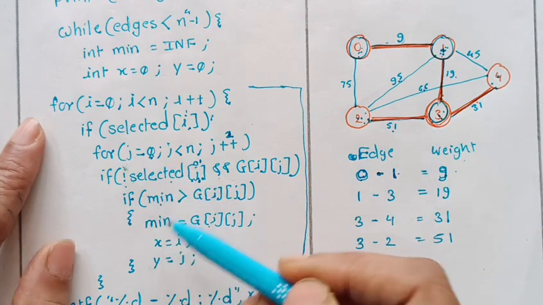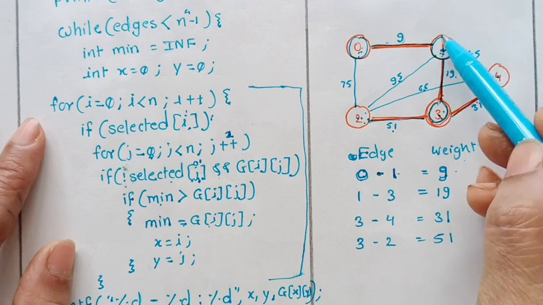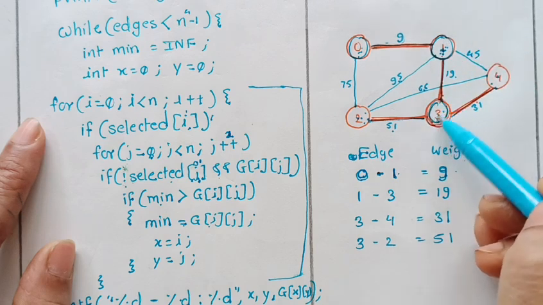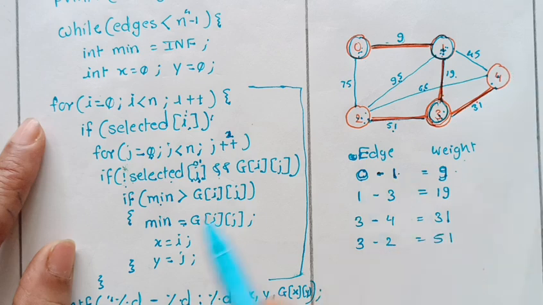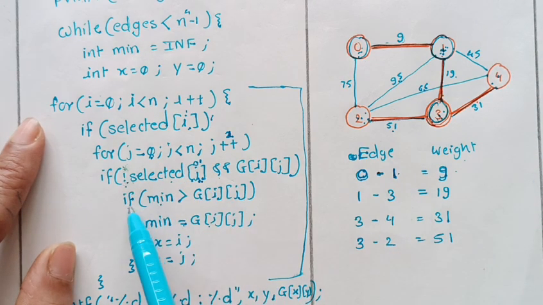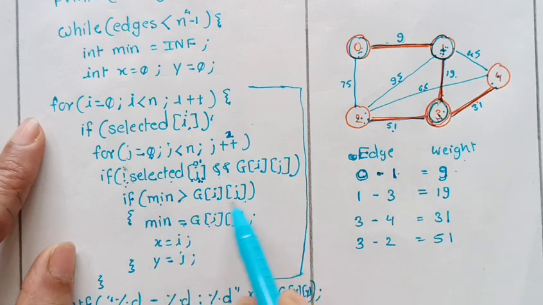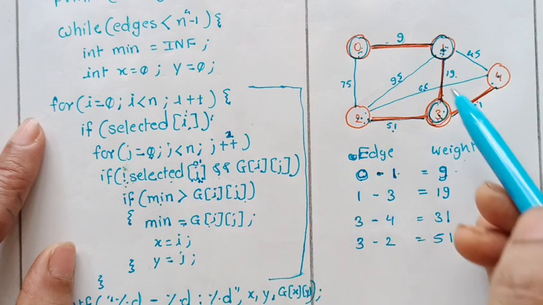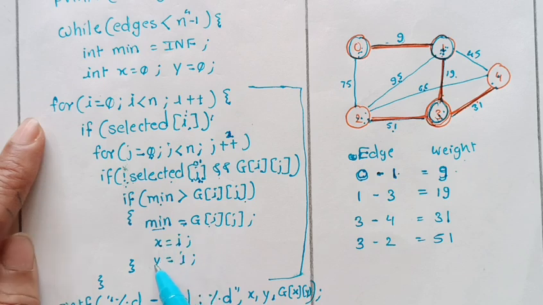If j is already selected, then we can't move there, so we check if not selected of j. To find the minimum cost we check this condition: if min is greater than G of i j, then that value we put into min. Whatever minimum value is there, we find it in min, and the i value we take in x and the j value in y.